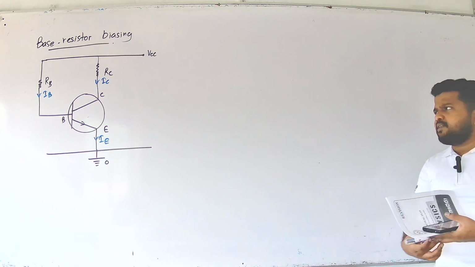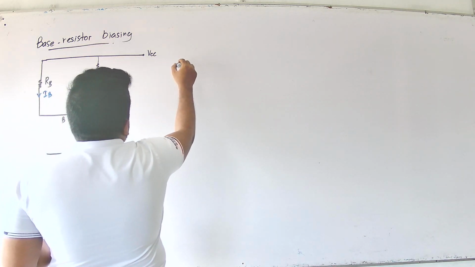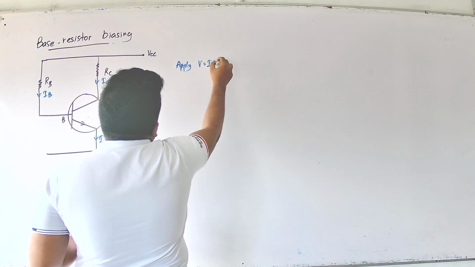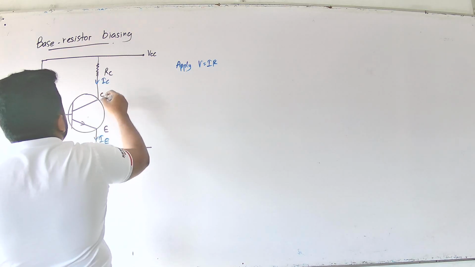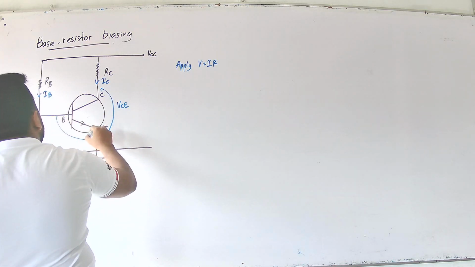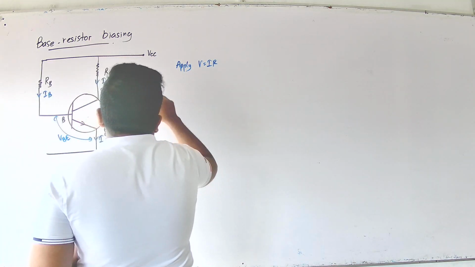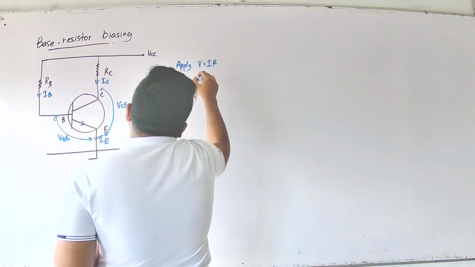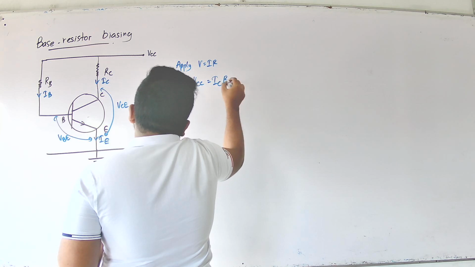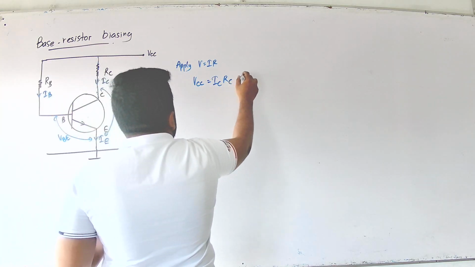Okay, in this case we need not move things. I will apply V equals IR to this branch. There is a voltage VCE, VBE. Applying it, VCC equals ICRC plus VCE.